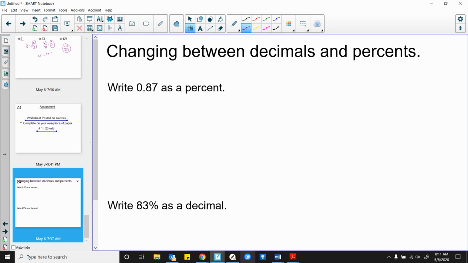Okay? Last thing here is changing between decimals and percents. If I have 0.87, okay, I need to move the decimal. If I'm going from a decimal to a percent, I move the decimal 2 places to the right. Always. 2 places to the right.